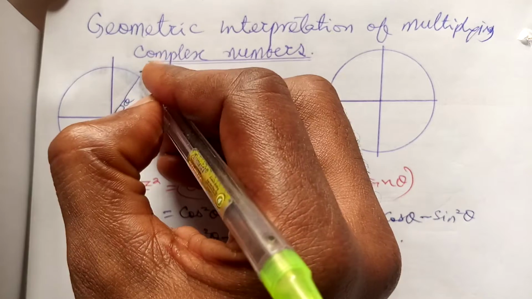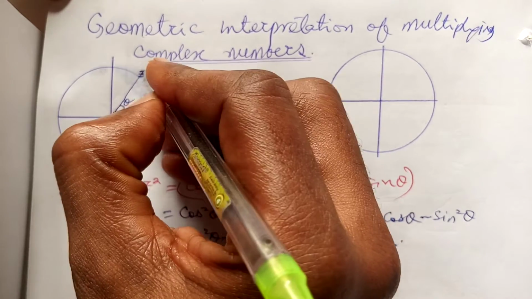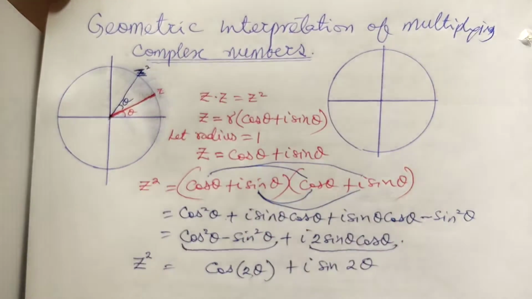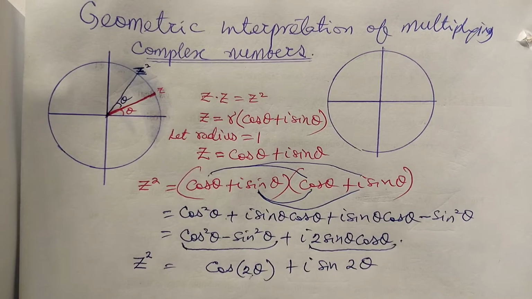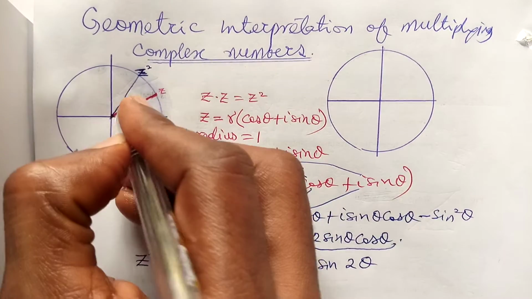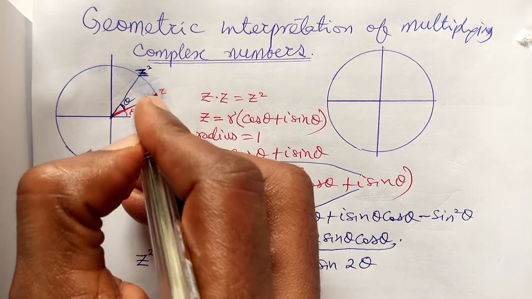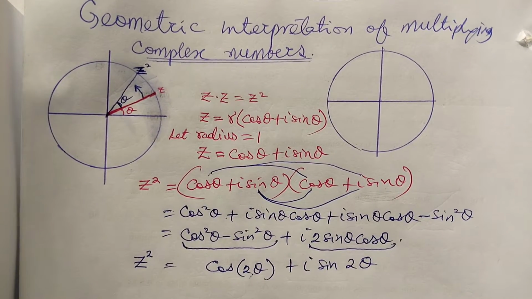So here is z squared. Multiplying a complex number by itself rotates the vector by twice the previous angle.